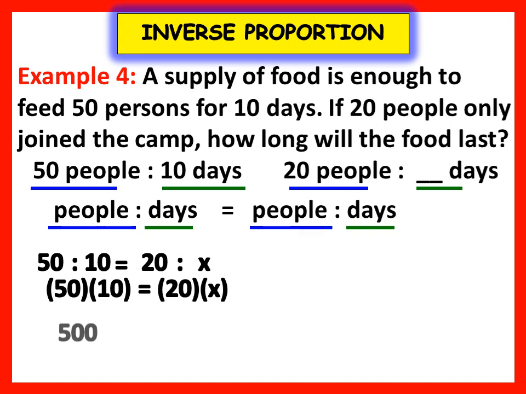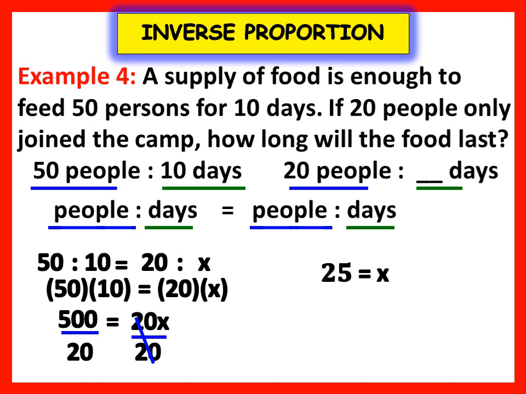So we have 500 equals 20x. Dividing both sides by 20, 500 over 20 is 25. Therefore, if 20 people only join the camp, the food will last for 25 days, and that is higher than 10 days.